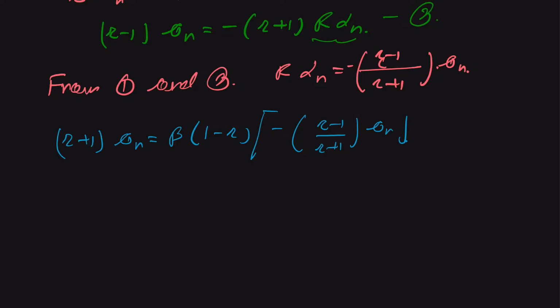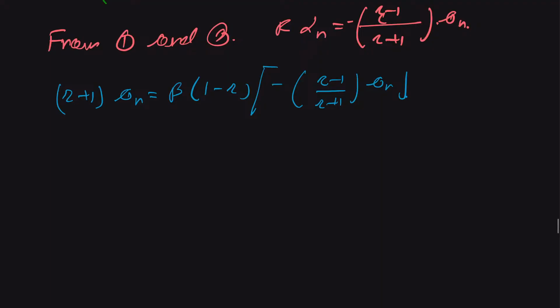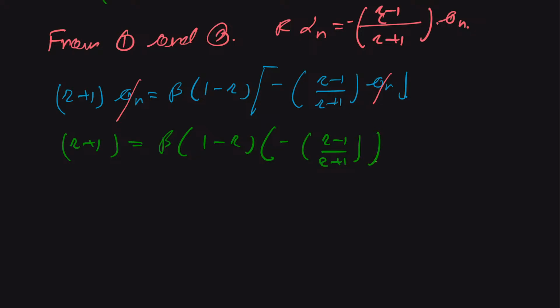And we can just solve this, and it will be giving us that we multiply both sides by r plus 1, and first of all let us cancel out this a of n, and we get r plus 1 will be equal to beta 1 minus r and minus r minus 1 r plus 1.